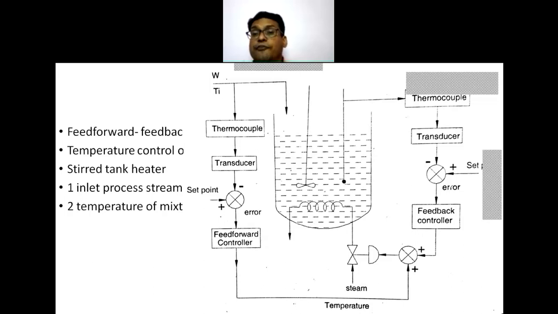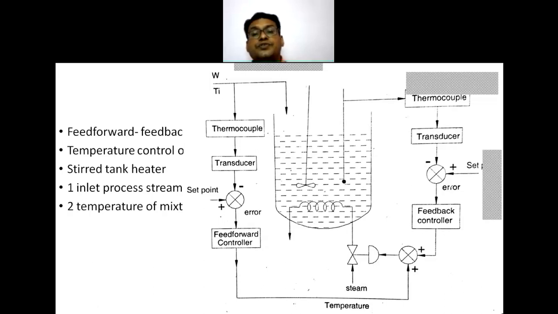Now we are using a feed forward and a feedback loop, that is a combination of the two things, the feed forward as well as the feedback. In feedback, we were having only the thermocouple, transducer, comparator, and a feedback controller which is going to maintain the position of a control valve.